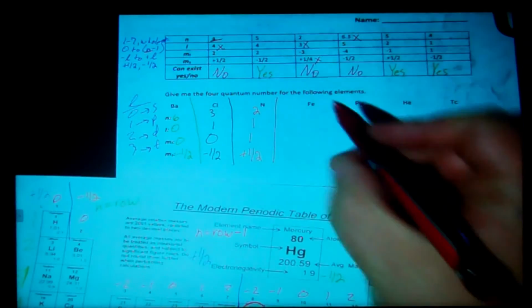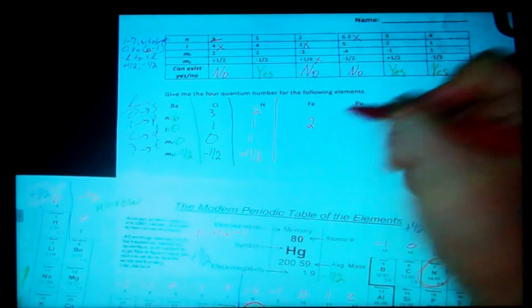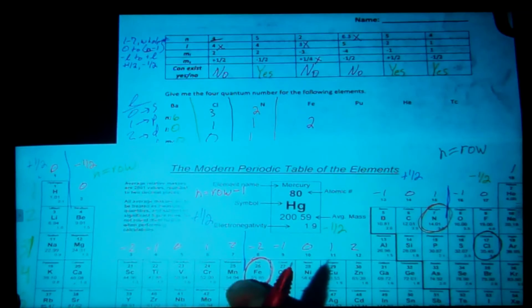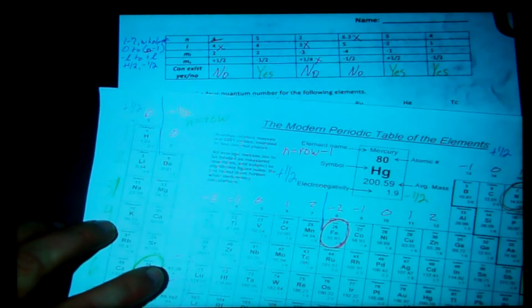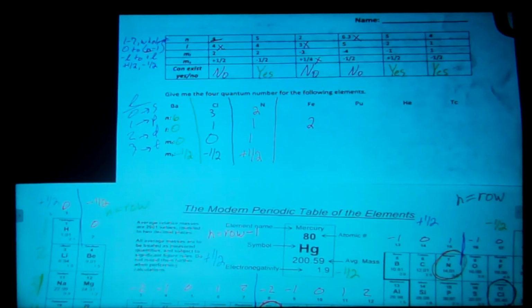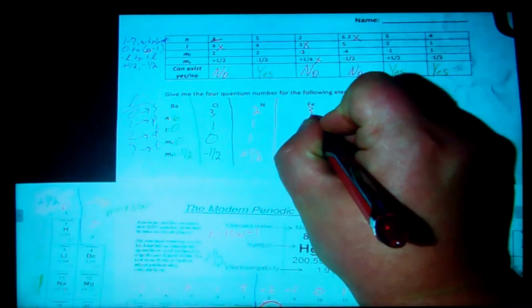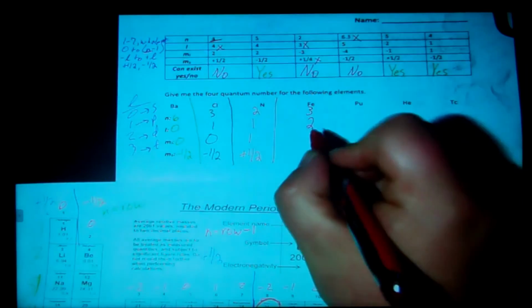It means L has to be 2. And N is rho minus 1. Well, iron's in the fourth row, but I got to subtract 1 from that, so that's 3. And follow that up, iron is in the -2 orientation. And it's in the second half, so -1/2. Hopefully you're getting that.